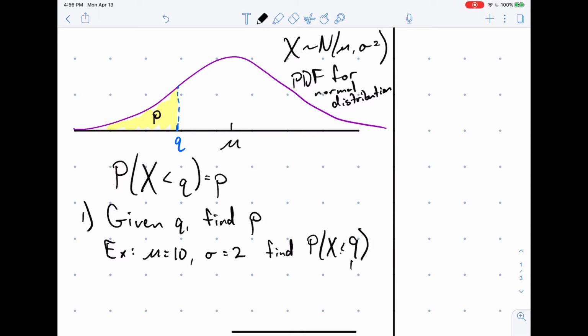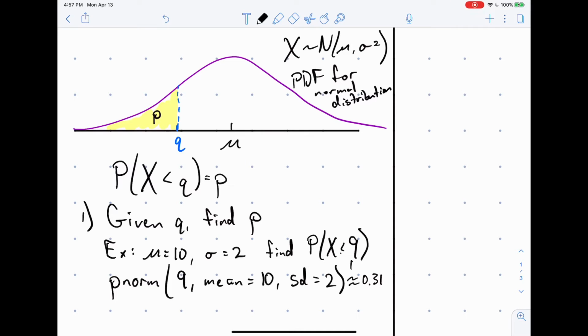So in R that would be pnorm(9, mean equals 10, sd equals 2). Plug this in, it's approximately 0.31. I don't need all that precision.